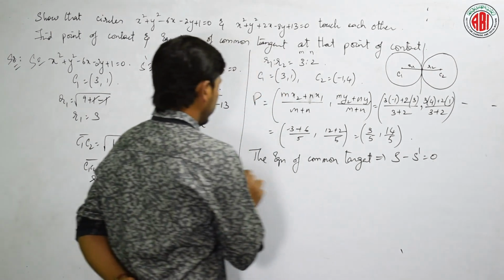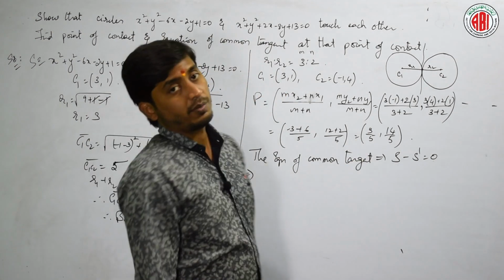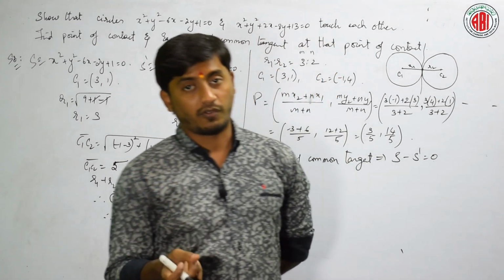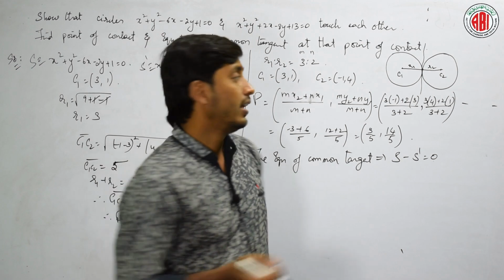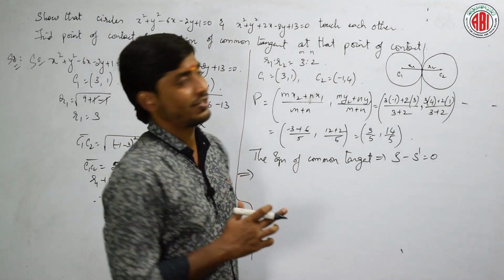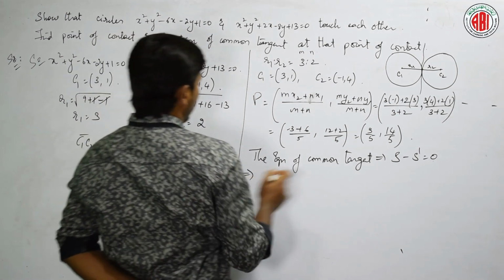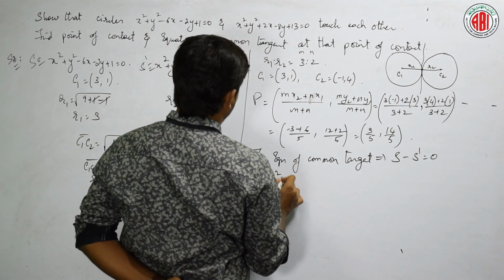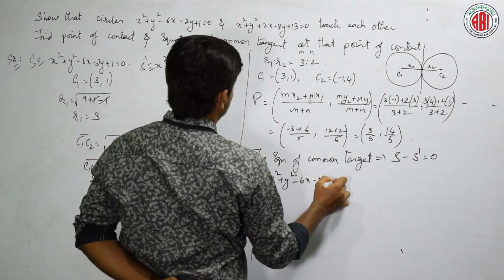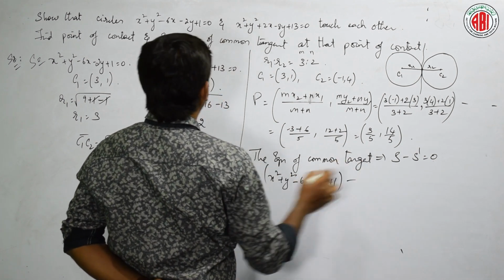So whatever common equations between two circles there are, that is common tangent, polar, chord of contact, okay, these kinds of equations are nothing but S minus S dash. So let us subtract these both equations, that is x square plus y square minus 6x minus 2y plus 1 minus the second equation.